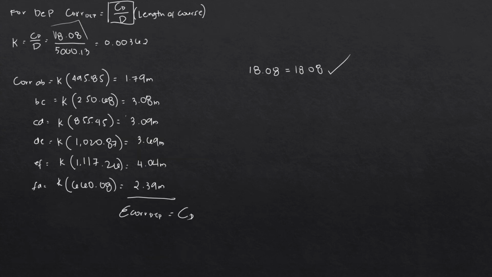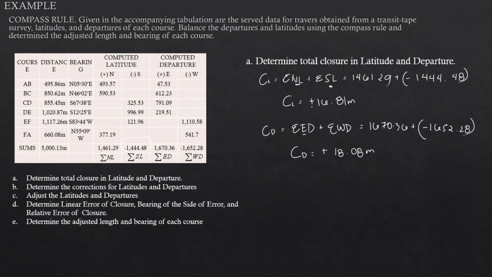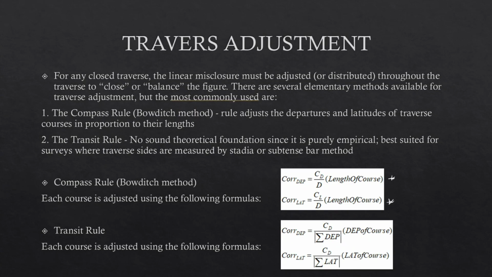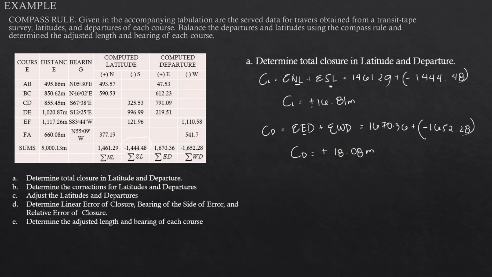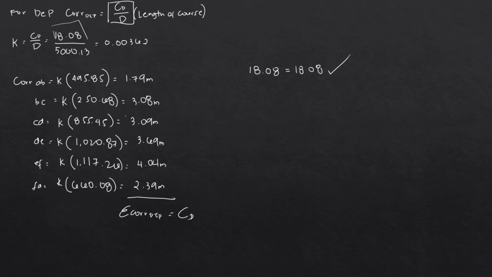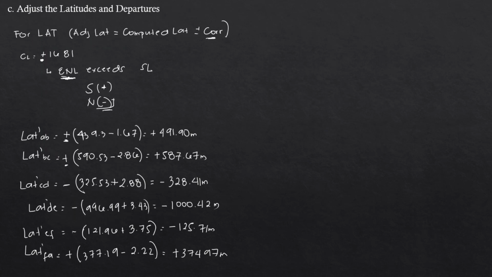Sabi kanina dito sa ano natin. Dun sa part 1, nabanggit kanina na dapat yung summation ng corrected latitude natin, para malaman natin tama na yung latitude natin, dapat mag-equal siya sa 0.